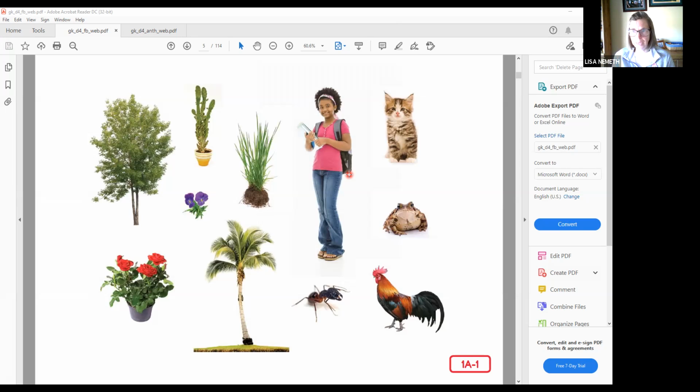All right, so Mrs. Nemet is going to read a story to you, and you are going to listen about all the different places that plants can live. All right, are we ready? There are many different kinds of people, animals, and plants that live in our world. You probably recognize many of the living things in this picture.